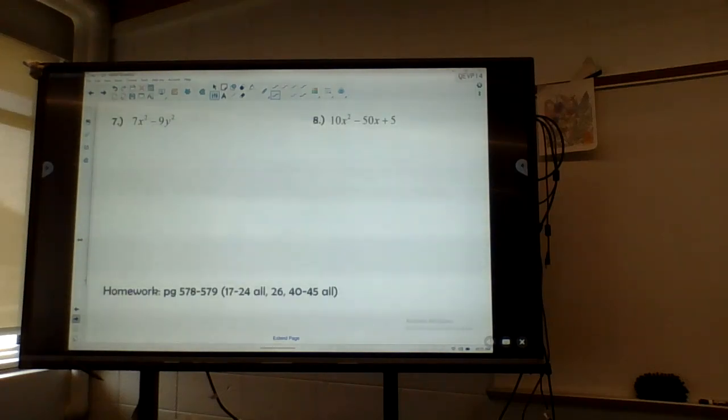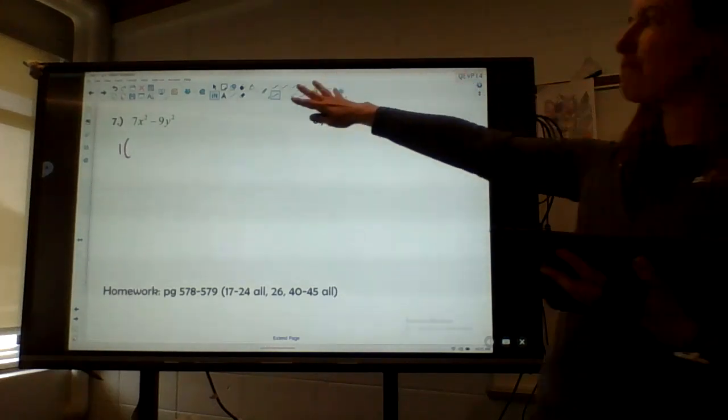Okay. So our next one, again, kind of a strange one. What goes into this one? Just a 1, yeah. Because there's no variable. 7 and 9 don't have a common factor, but 1 always goes into anything. You could technically take out a negative 1, but I usually like that first term being positive.